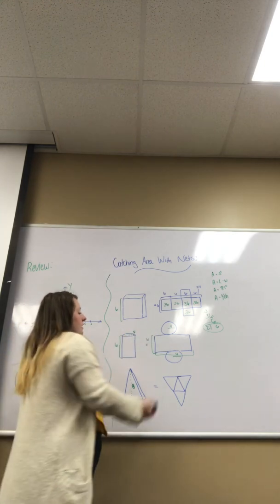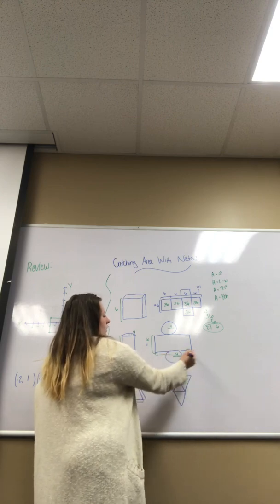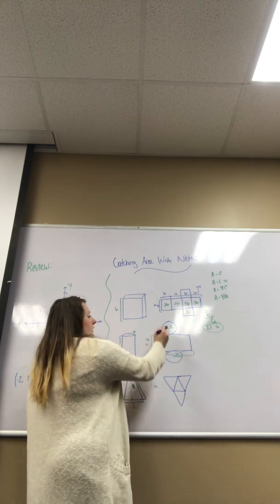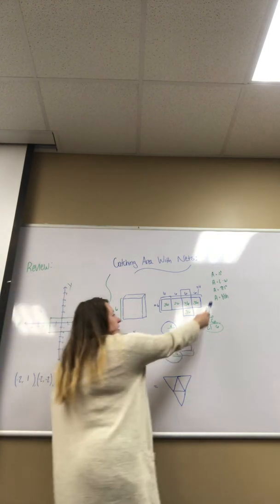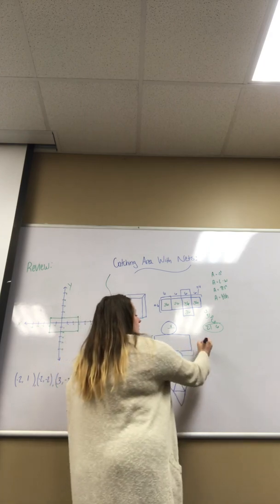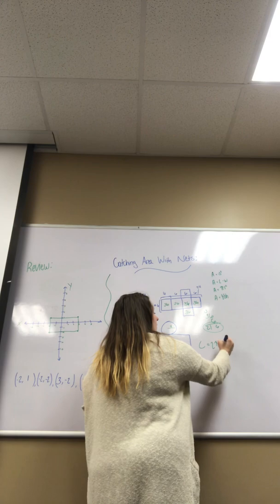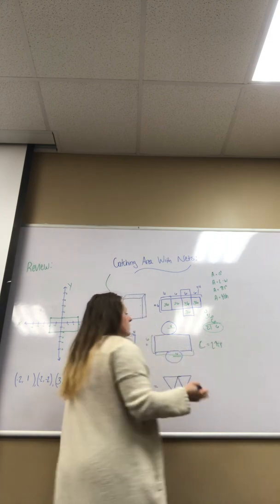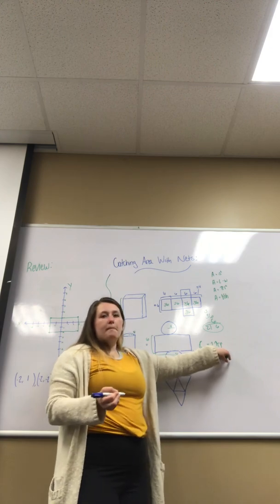So in order to find this length right here, this amount right here, this number, we have to find the circumference of a circle. So not only do we have to use our area formula, we also have to use a circumference formula, which is C equals 2 pi r. So we'll have to do that first. So what does the r stand for?